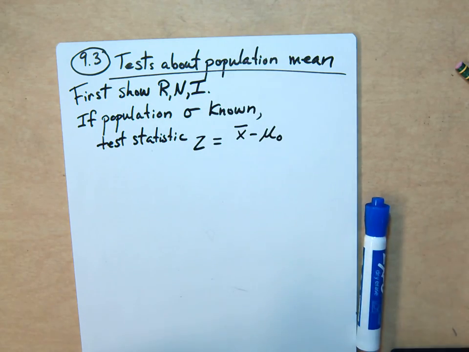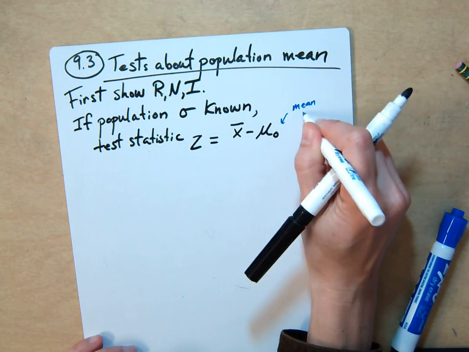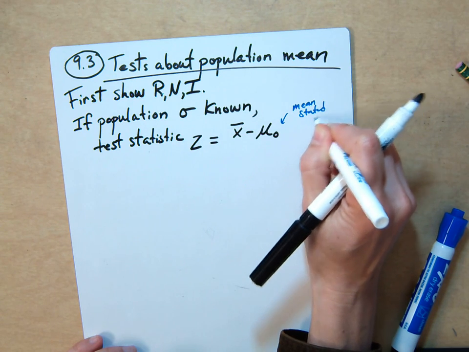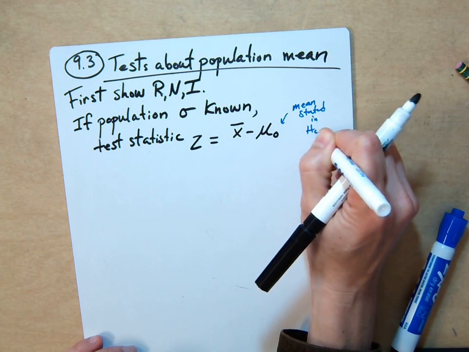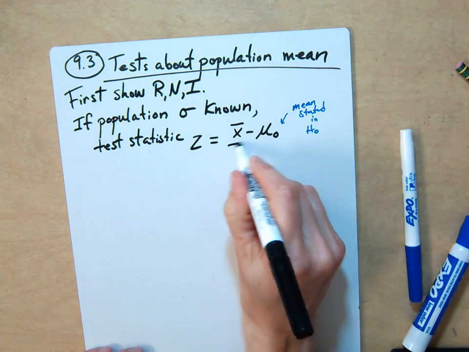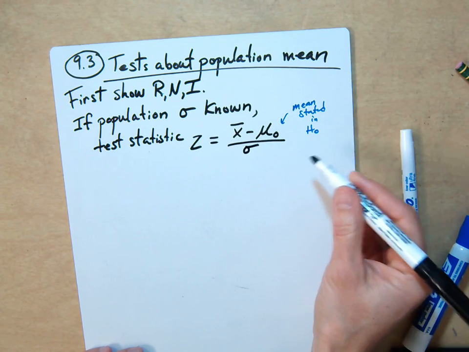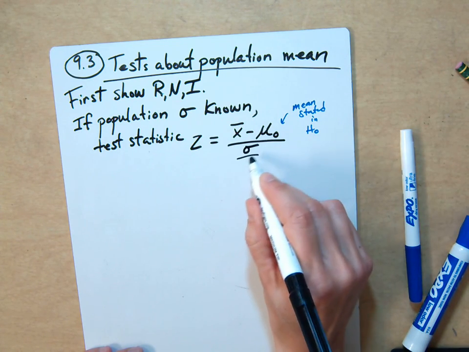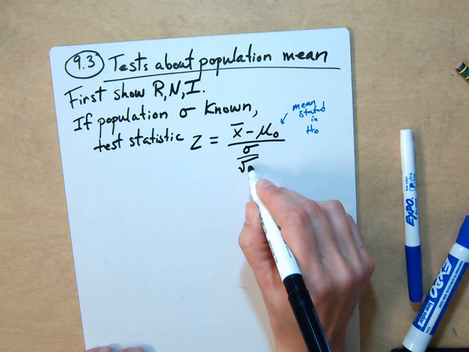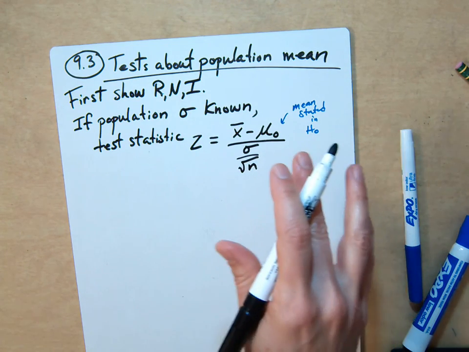So let me just label that. This is the mean stated in H naught. That's why it's mu naught. Divided by the population standard deviation, because you know it, over the square root of the sample size. So that's if the population standard deviation is known.